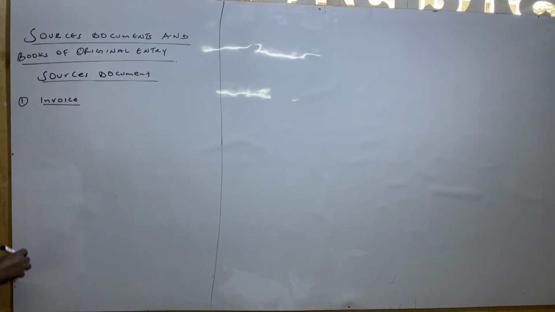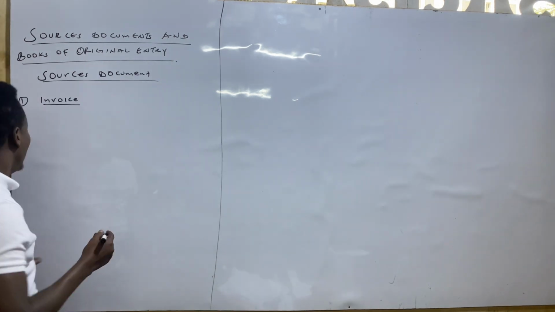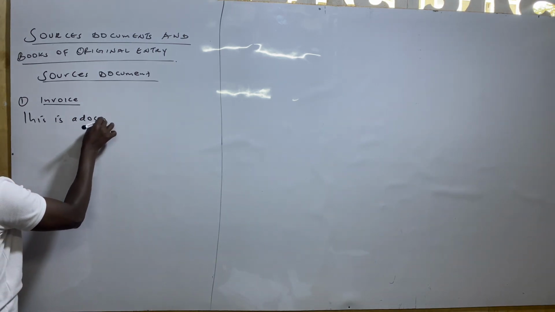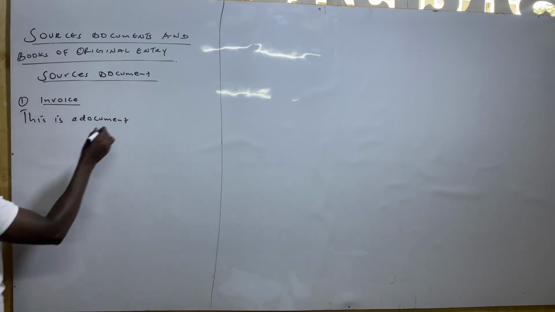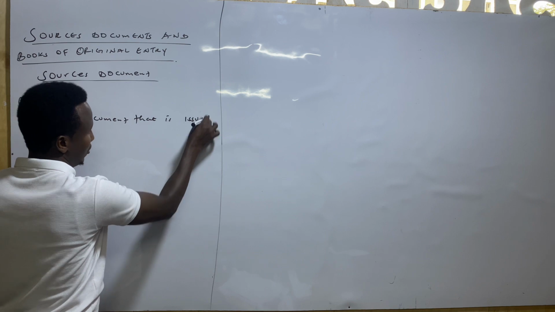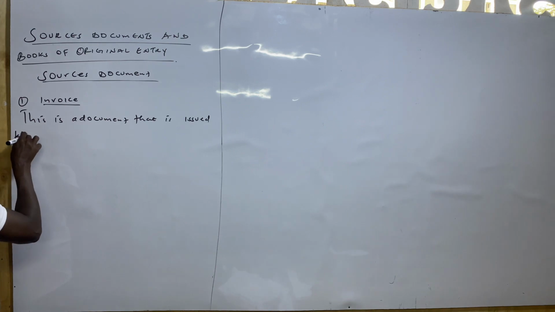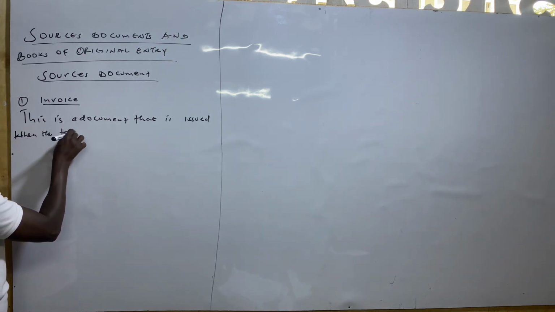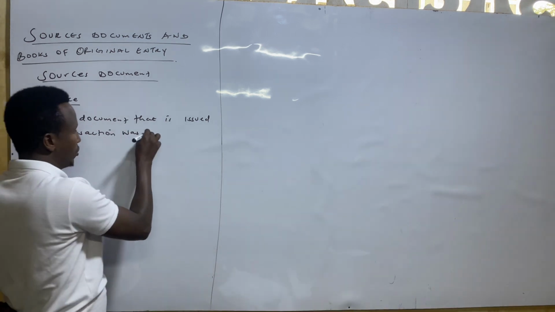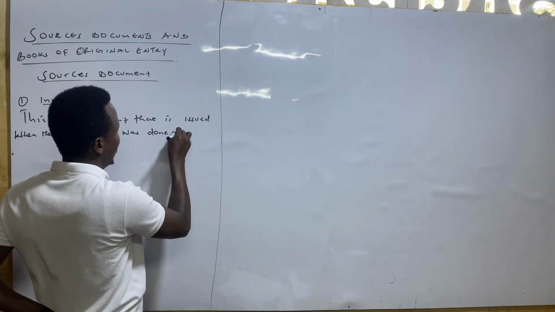Okay? Now, when you're talking about invoice, you're going to say, this is a document that is issued when the transaction was done on credit, okay?